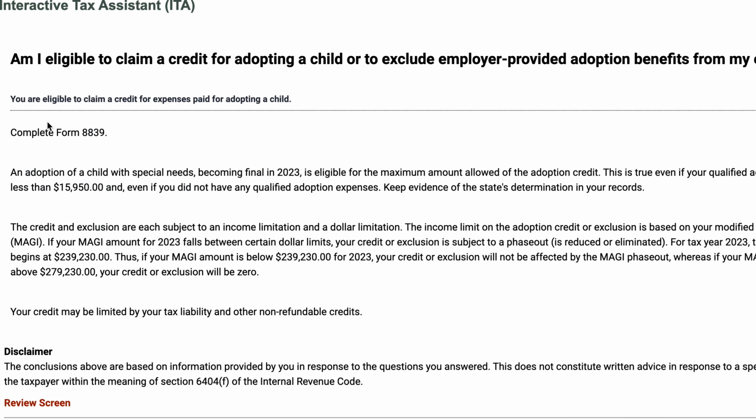So, the special needs child doesn't really change anything. They're eligible for the maximum amount. It does say that you can take the maximum adoption credit even if your adoption expenses were less than the maximum. So you can take the credit of $15,950 even if you didn't actually spend that much money because it's a special needs child.